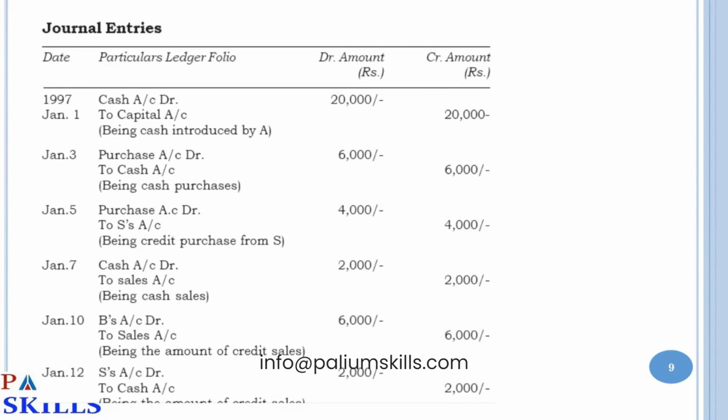Next, January 5, purchase account debit 4,000 to SS account. So here, this line that you see, that is the description, is also called as the narration. So this debit and credit amount is determined based on your golden rules.